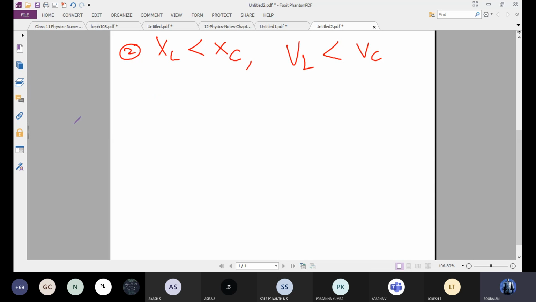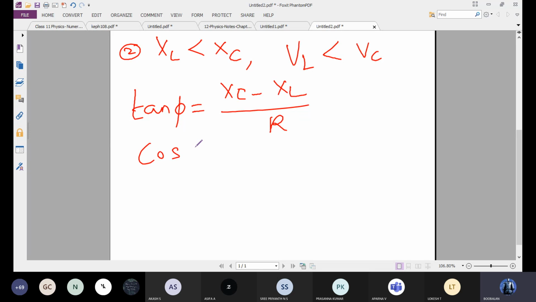So in this condition, we will get tan phi equal to (XC minus XL) divided by R. Cos phi formula, R divided by Z. In these two formulas, I will explain how to use them during problem time. Just note it.